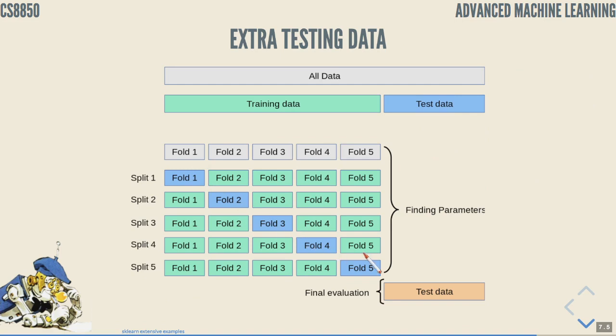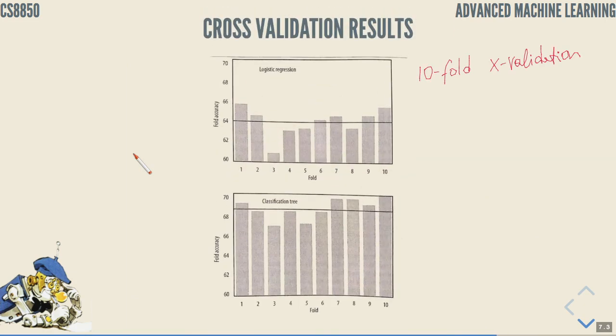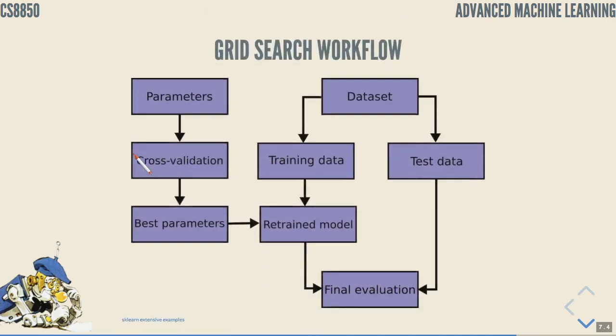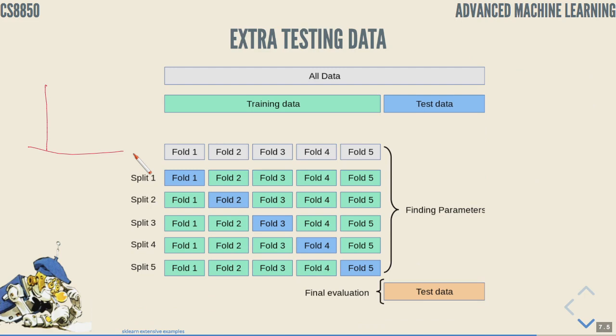So after we do five-fold cross-validation, this is exactly equivalent to what I was describing. And from this five-fold cross-validation, we found, say, was it accuracy? Let's check. Well, accuracy, so bad. Let's assume it was balanced accuracy that we were looking at.